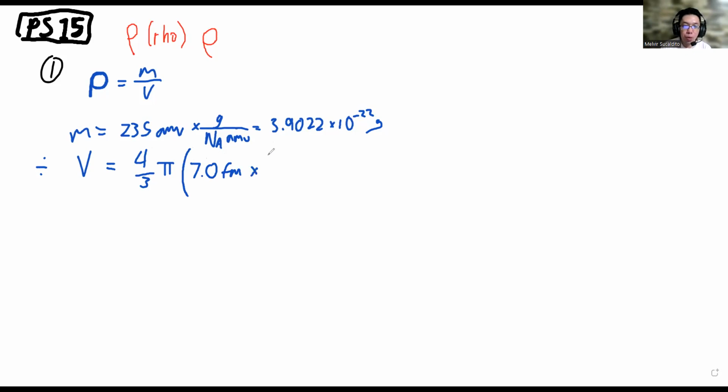Okay, correct. So you calculate first the mass, and then calculate the volume. When you use negative exponent for SI units, and you use now 7 femtometer. Okay, so from femtometer, then convert that to cm.